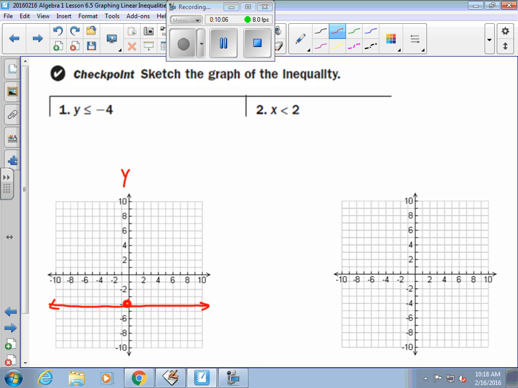That's the first difference, solid or dashed. The second difference, do you shade everything above it or everything below it? Plug in 0, 0 to determine it. 0 less than or equal to negative 4. True or false? In this case, 0 is a bigger number than negative 4. It is not true, so you shade away from 0, 0, everything that direction.